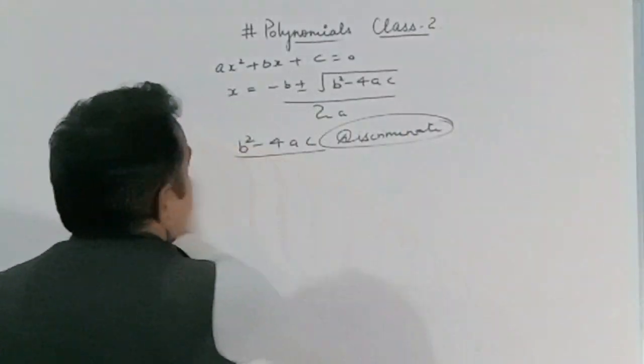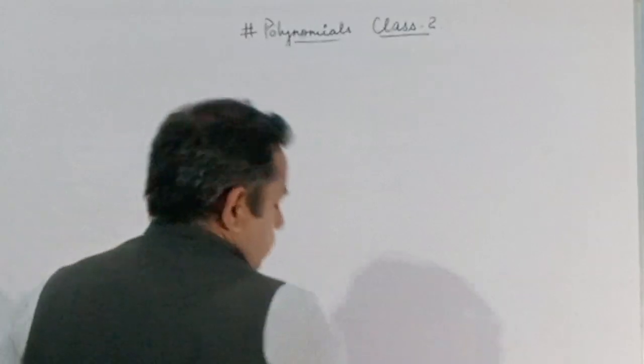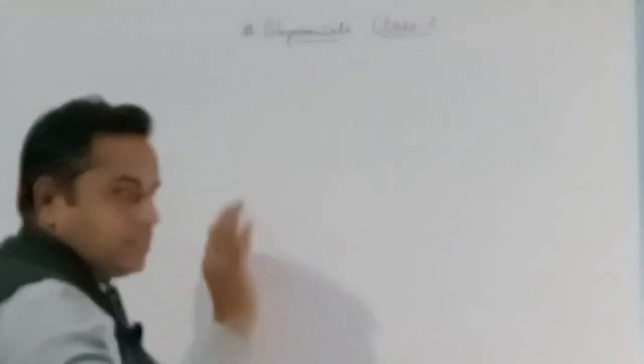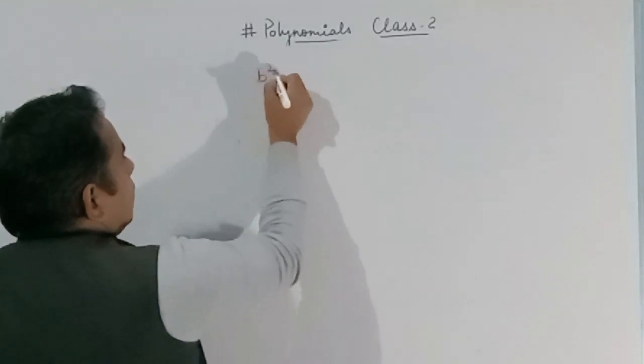Okay, let's move on. We will write sidewise. See, there are three cases with the discriminant.